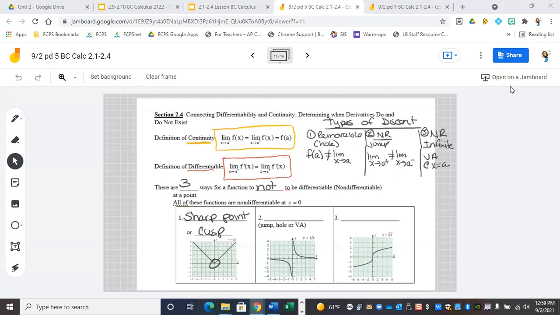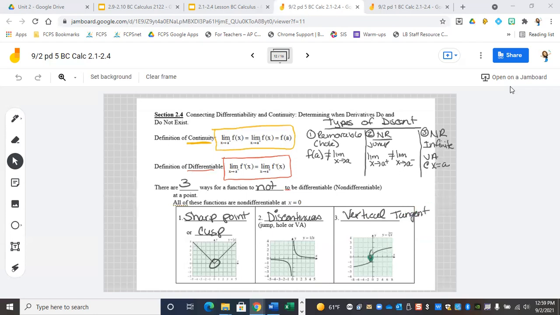You could also have a discontinuity. If you know it's not continuous at a certain x value, it is not differentiable. So if you have a hole, a jump, or a vertical asymptote, it's not differentiable there. And then finally, if you have a vertical tangent in the graph.